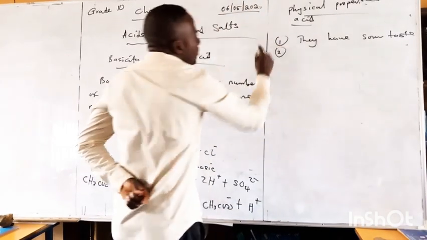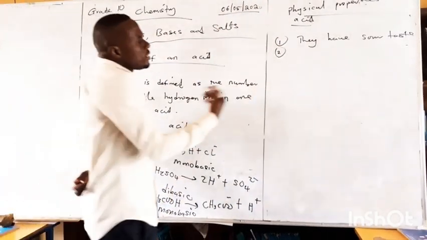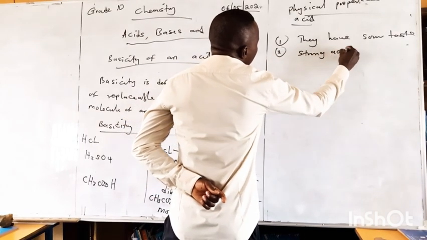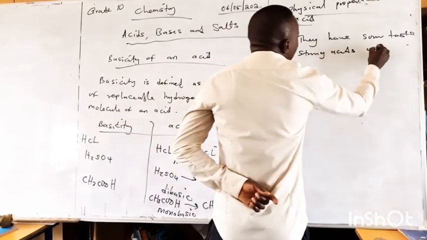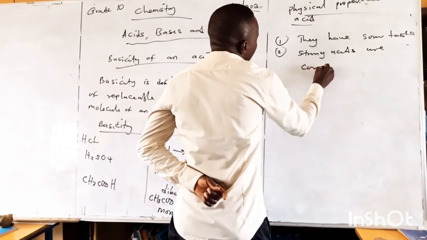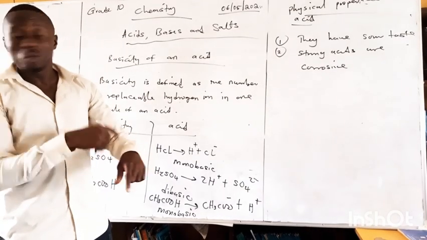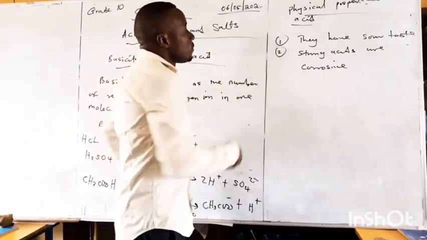Number 2, strong acids are corrosive. Strong acid, if you pour it on your skin, it's very, very dangerous, very corrosive. So strong acids are corrosive.